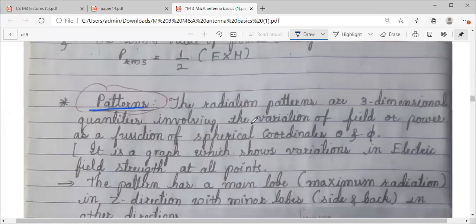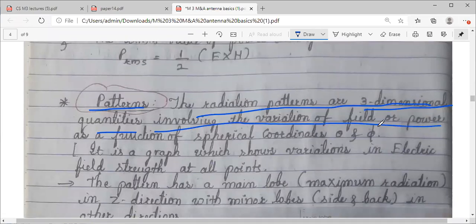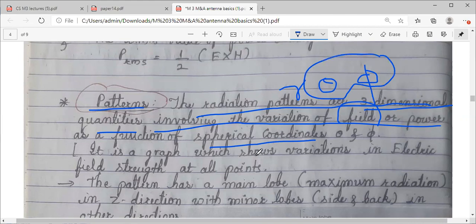Talking about the patterns, we have seen in the previous session, the patterns are nothing but the graph. They are three-dimensional quantities which involve the variation of either field or the power. Field in the sense it can be electric field or magnetic field. Since there is an involvement of this, we go for the spherical coordinate system. Out of r, theta and phi, the variations will be in theta and phi directions.